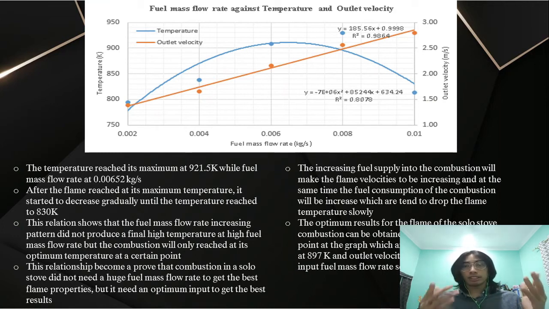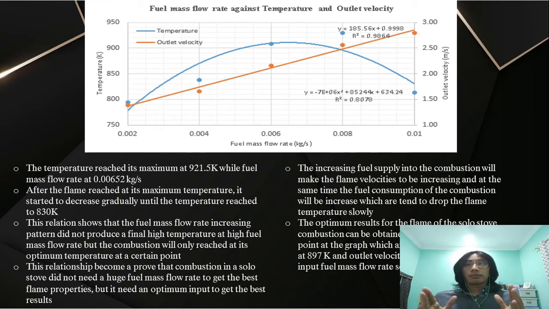From this relationship, I can learn that an increasing fuel mass flow rate did not produce a higher final temperature, but the combustion only reaches its optimum temperature at a certain point. This relationship is proof that combustion in a solar stove does not need a huge fuel mass flow rate to get the best flame properties, but needs an optimum input to get the best results.